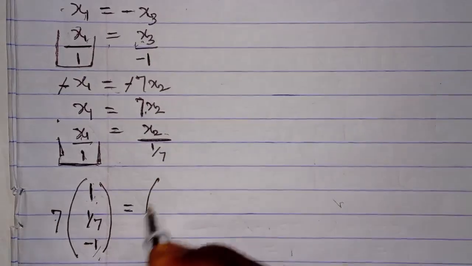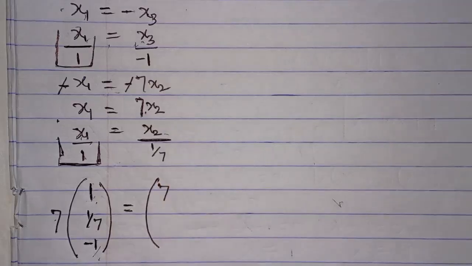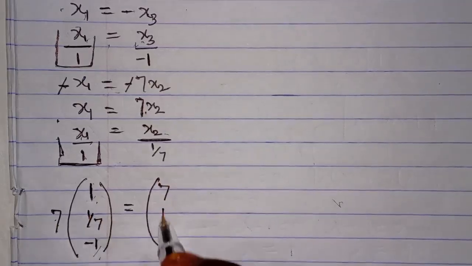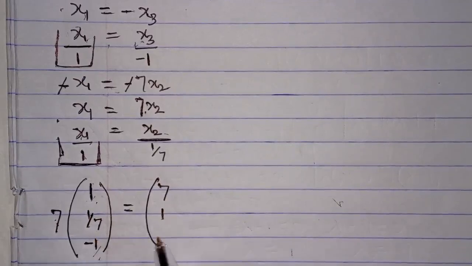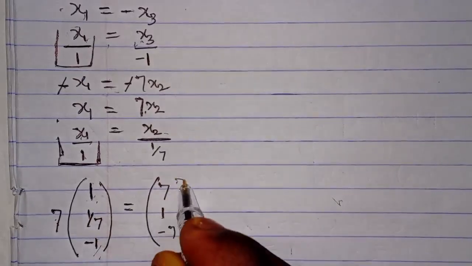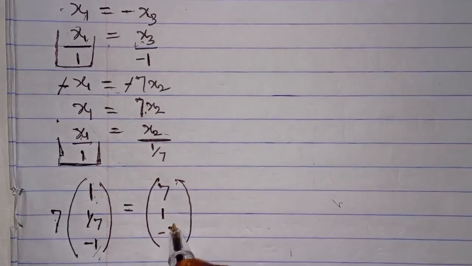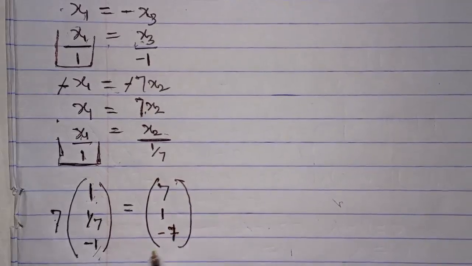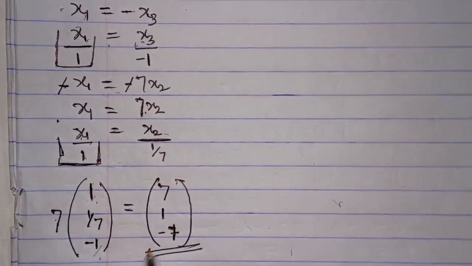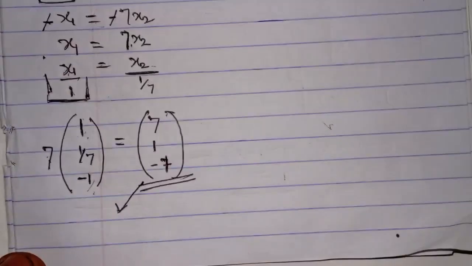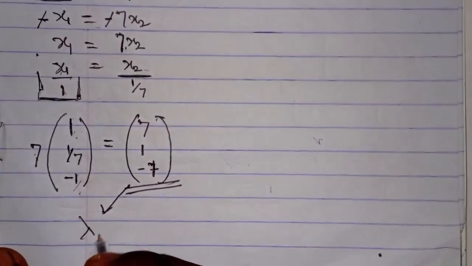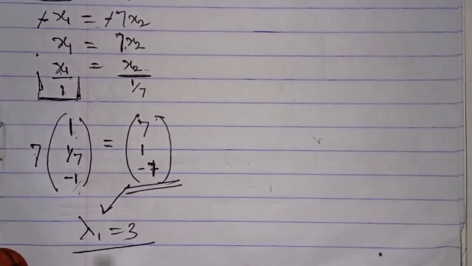We are going to obtain 7. 7 times 1 over 7 is 1. 7 times minus 1 is minus 7. This is the eigenvector that corresponds to lambda 1 equal to 3.